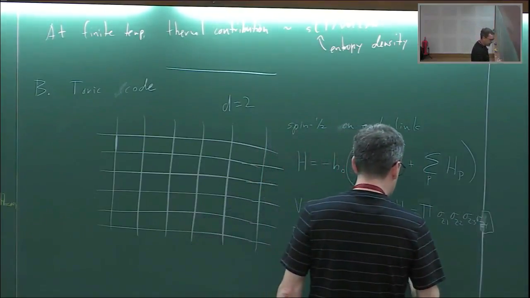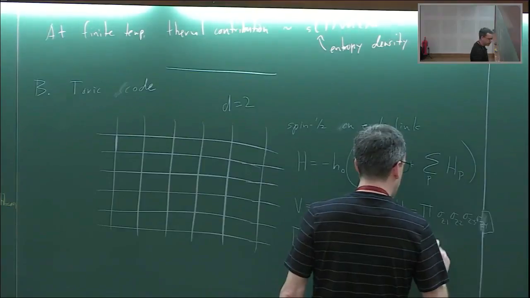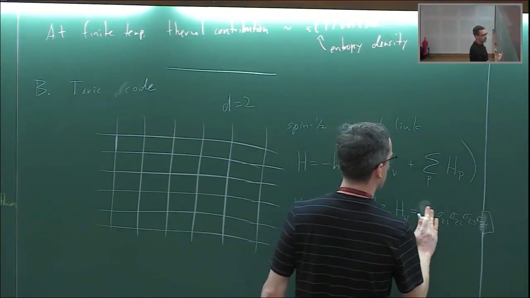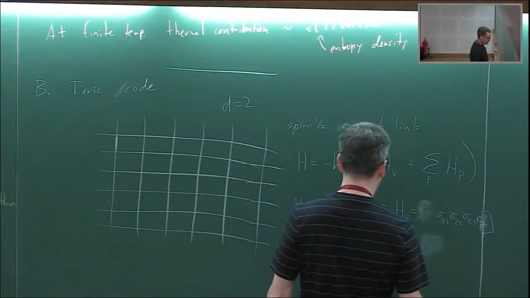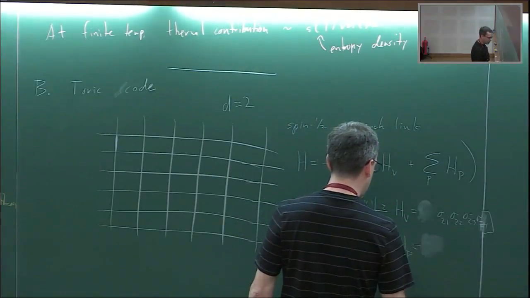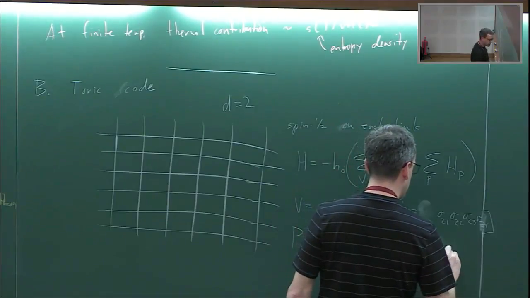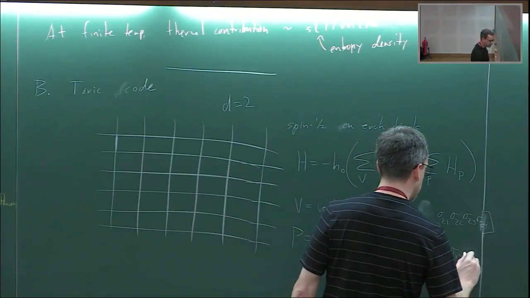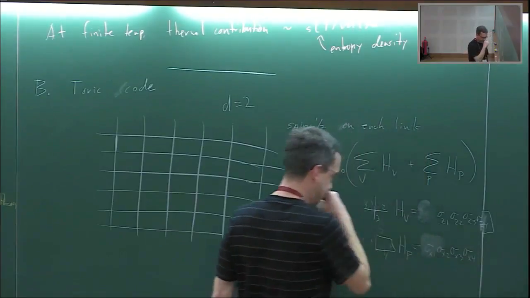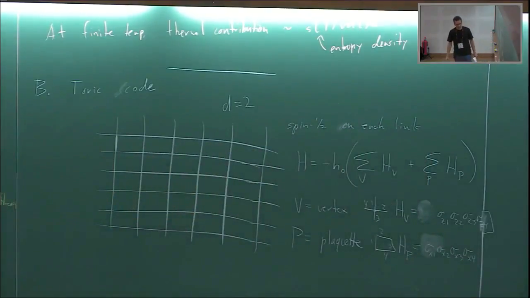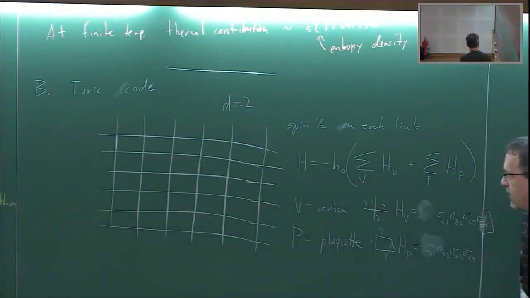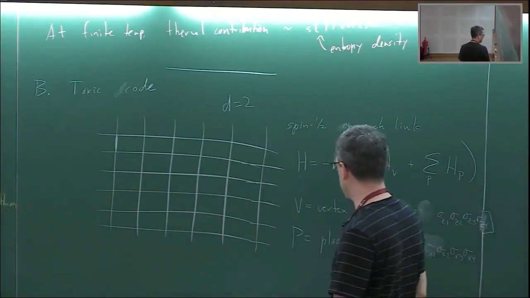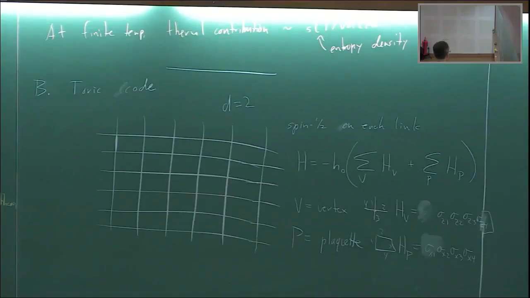And the plaquette operator H_P is a product of all of the sigma x's, sigma x1, sigma x2, sigma x3, sigma x4, going around. Okay? And the Hamiltonian is basically minus the sum of all of the vertex operators plus all of the plaquette operators.